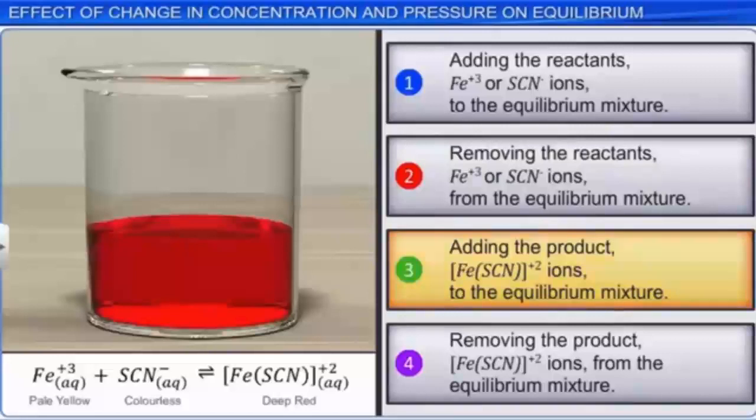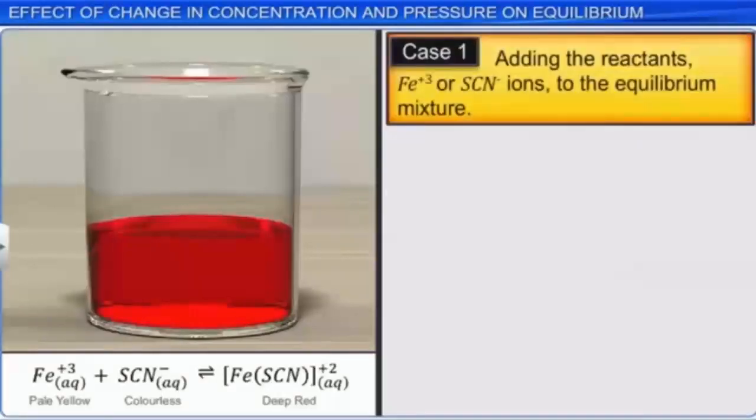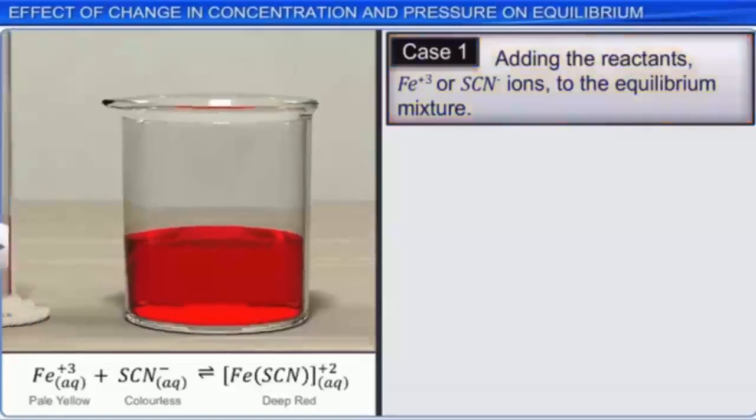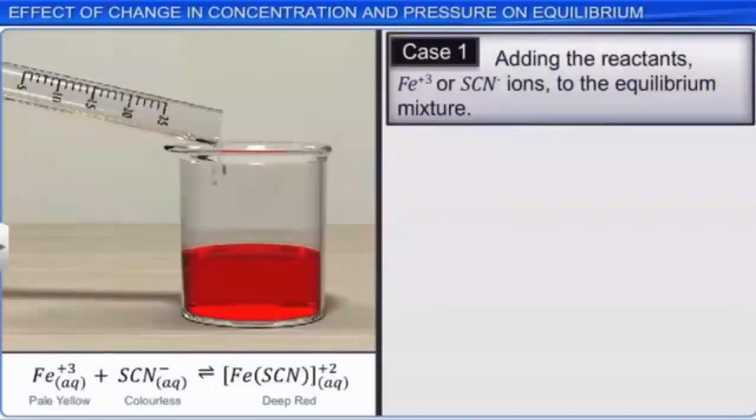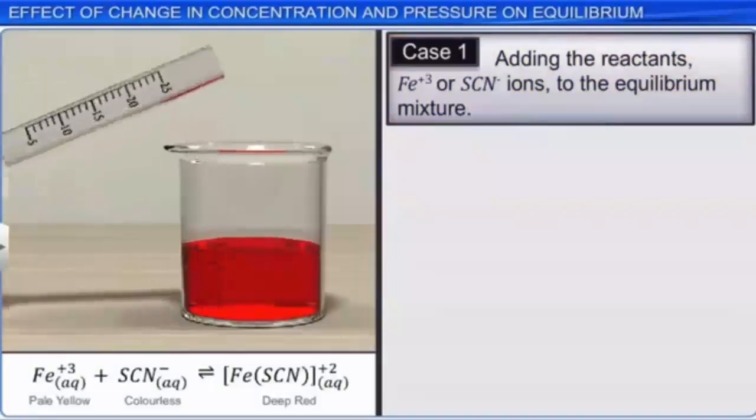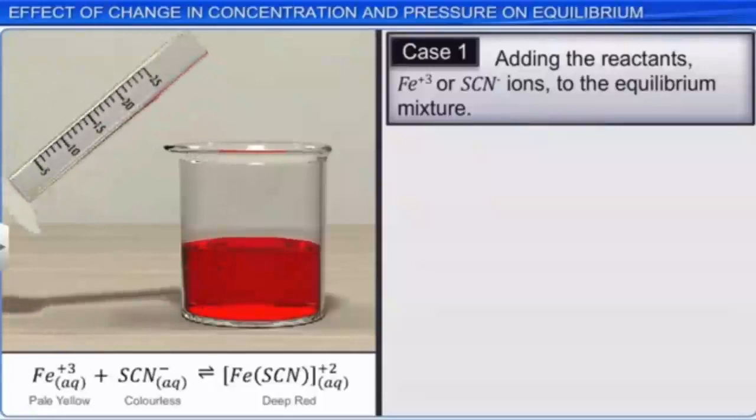Removing the product FeSCN²⁺ ions from the equilibrium mixture. Case 1. Adding the reactants Fe³⁺ or SCN⁻ ions to the equilibrium mixture. Suppose you add a few ml of a solution containing soluble Fe³⁺ or SCN⁻ ions to the equilibrium mixture. You can see that the color of the solution becomes darker.